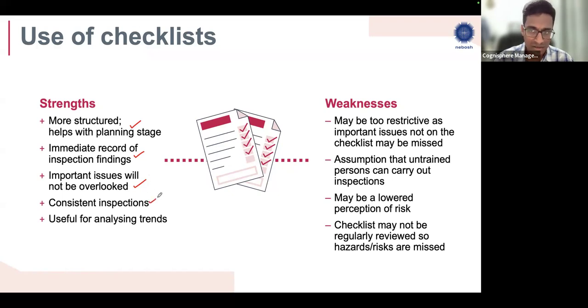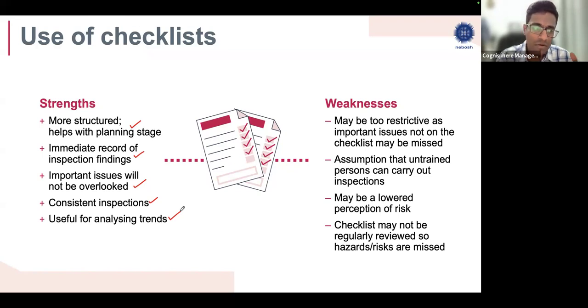Consistent inspections. Okay, if different persons are using the same checklist and carrying out the inspection, there will be consistency in the approach. So any person who's doing the inspection will use this checklist, so consistency and useful for analyzing the trends. Okay, so it helps you to highlight what are the problem areas or problem concerns.